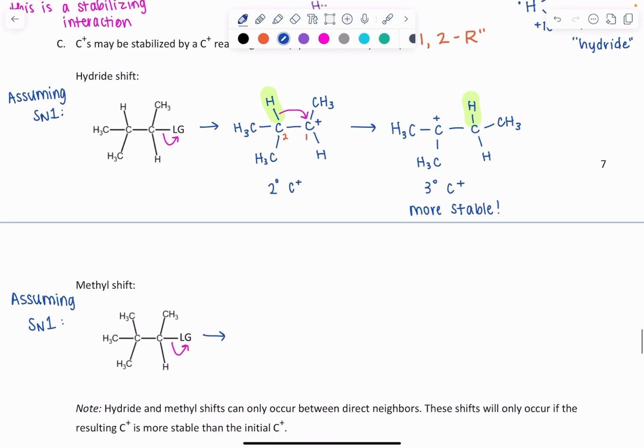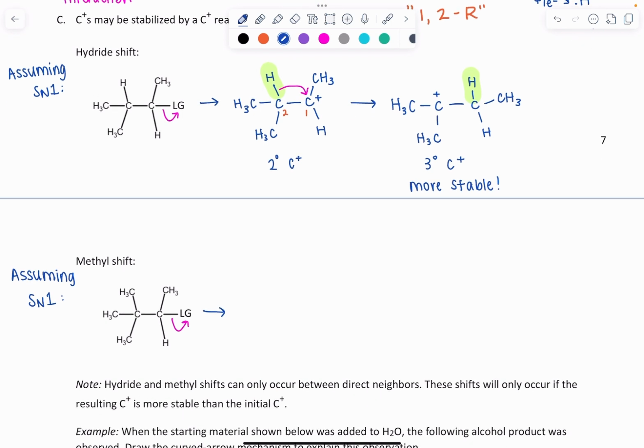That's intentional, so we can show the methyl shift this time. Okay, again, we've generated a secondary carbocation. This molecule could generate a more stable carbocation if it undergoes a methyl shift.